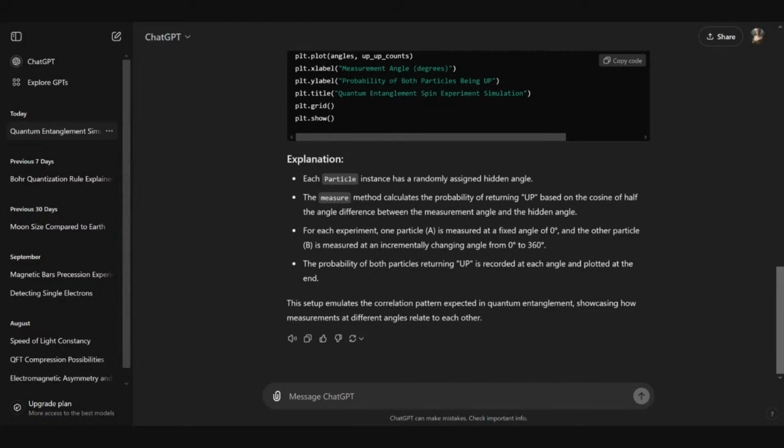The measure method calculates the probability of returning up based on the cosine of half of the angle difference between the measurement angle and the hidden angle. For each experiment, one particle A is measured at fixed angle 0, and the other particle B is measured at an incrementally changing angle. The probability of both particles returning up at each angle is plotted at the end. This setup emulates the correlation pattern expected in quantum entanglement, showcasing how measurements at different angles relate to each other.